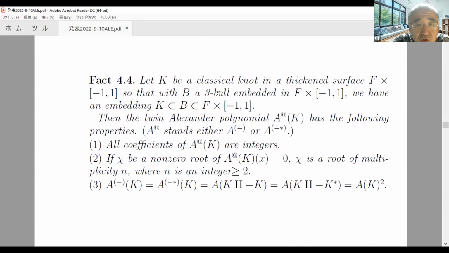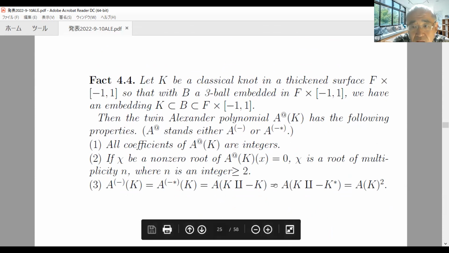And if K is classical, all coefficients of the Alexander polynomial are integers. The non-zero root multiplicity n is greater than 1. And further, minus K and minus K star are equal.